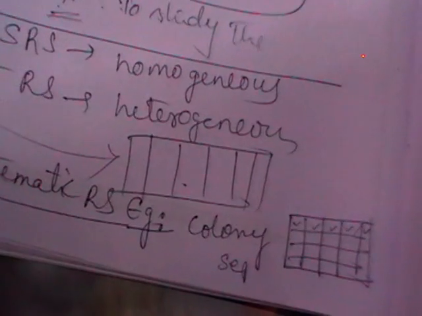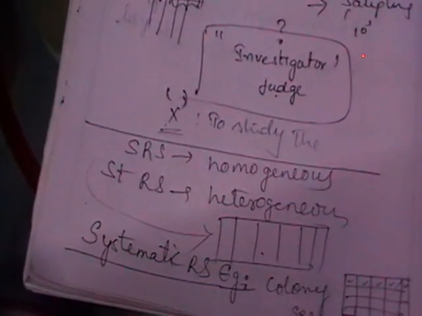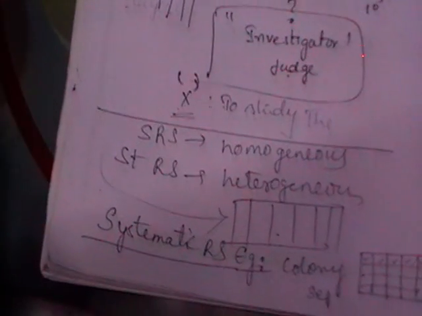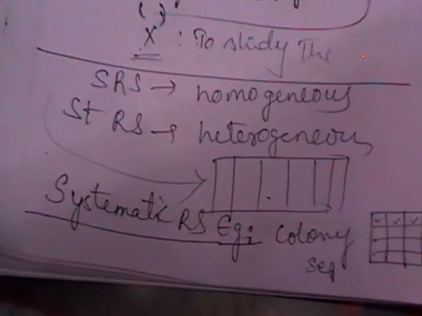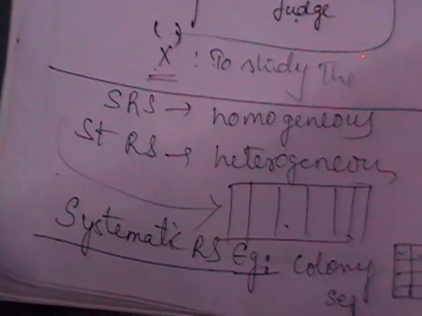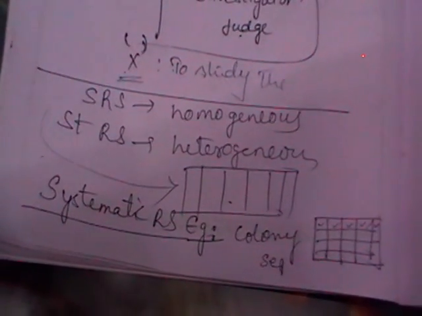1-1, 1-2, 1-3 up to 1-100. When do we use systematic sampling? Whenever the units in the population are sequentially or systematically arranged, then we can go for systematic sampling. Let us say that we have a colony of 100 families where the first street consists of 10 houses, the second street consists of 10, and so on.